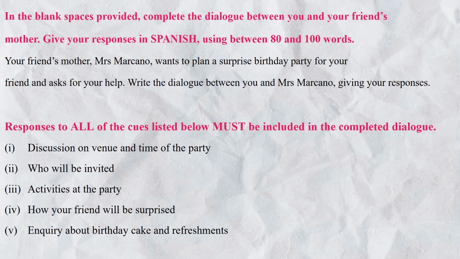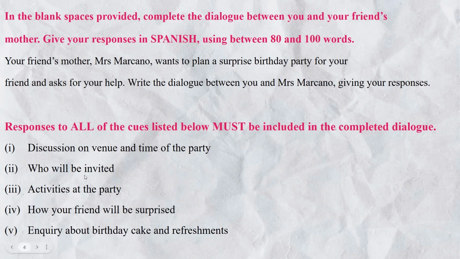Okay, so above here we have the context of the dialogue, what it's going to be about. And the cues here give us the specific information it wants us to include in the dialogue. So there's going to be a discussion about the venue and time of the party.